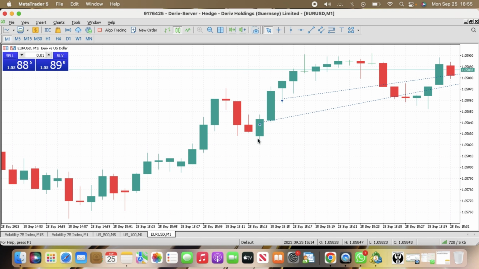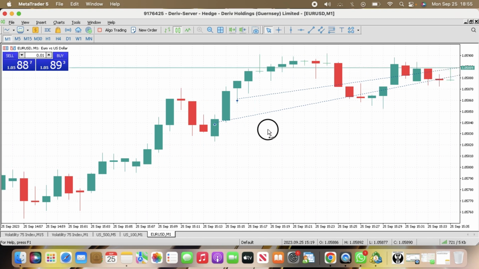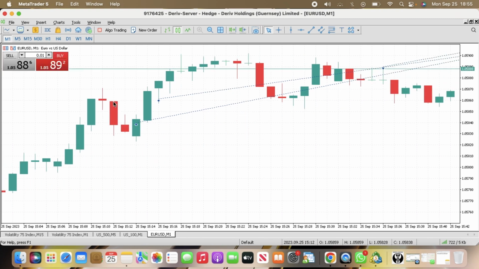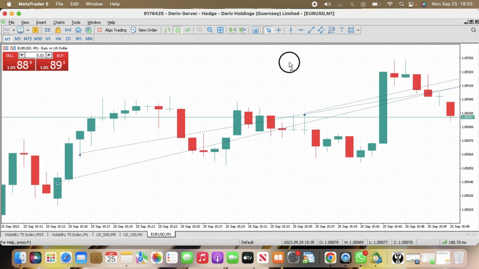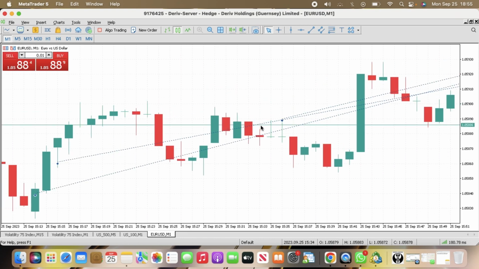As soon as price traded to that, I bought it here. With this order block, as soon as price came back to it, I bought it, and then I didn't buy anymore. With this fair value gap, price comes to it here, it goes up, and then I added another entry here.